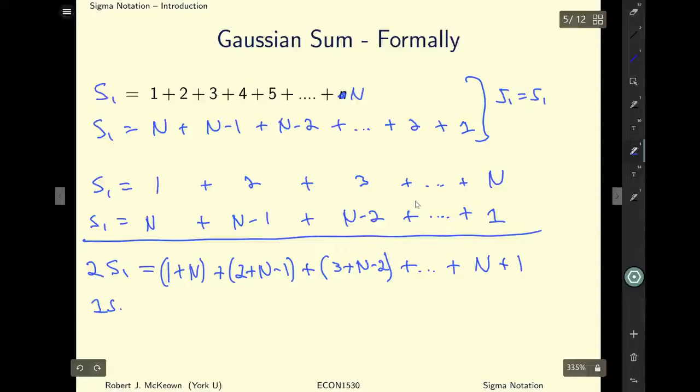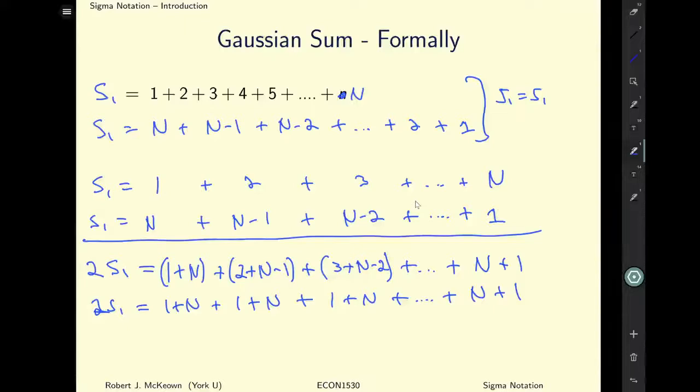Rewriting this expression, 2 S1 is equal to 1 plus N, plus 1 plus N, plus 1 plus N, plus dot dot dot plus N plus 1.